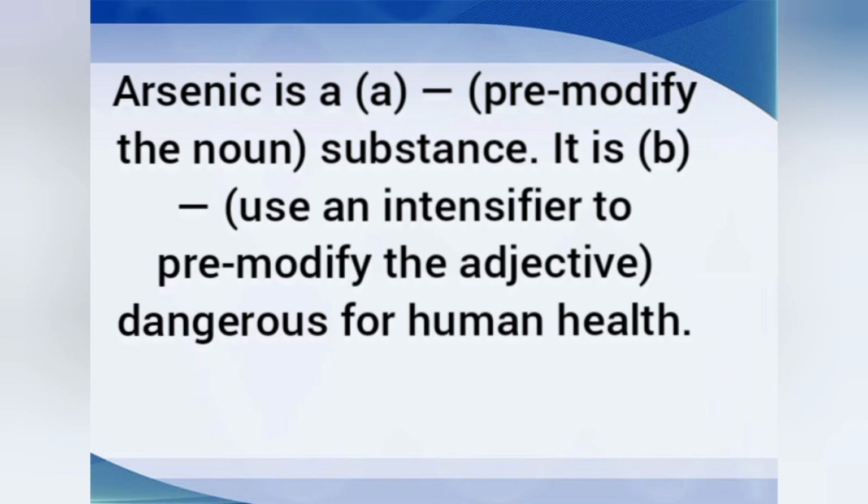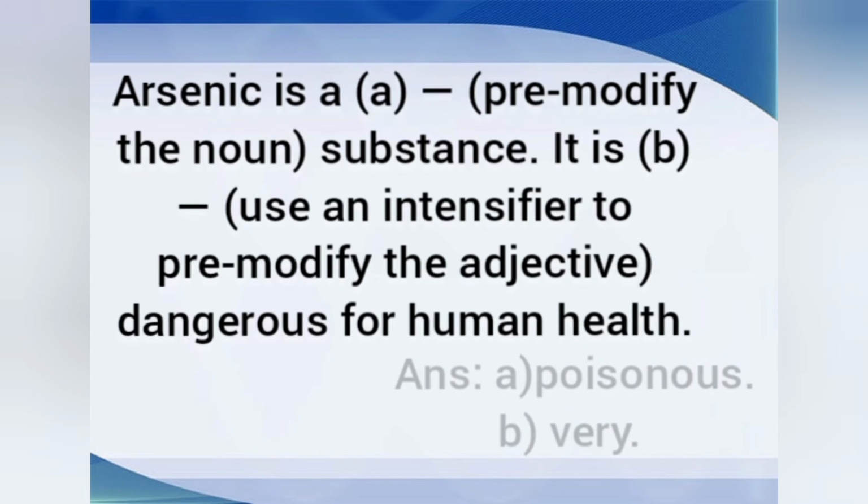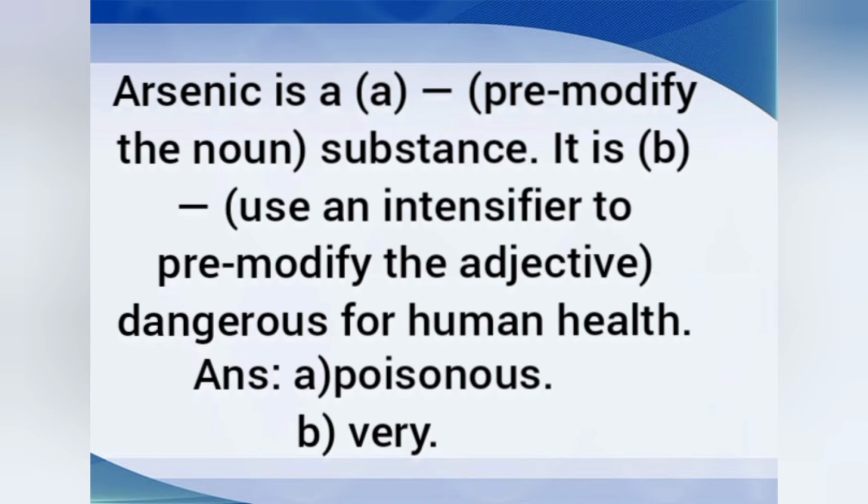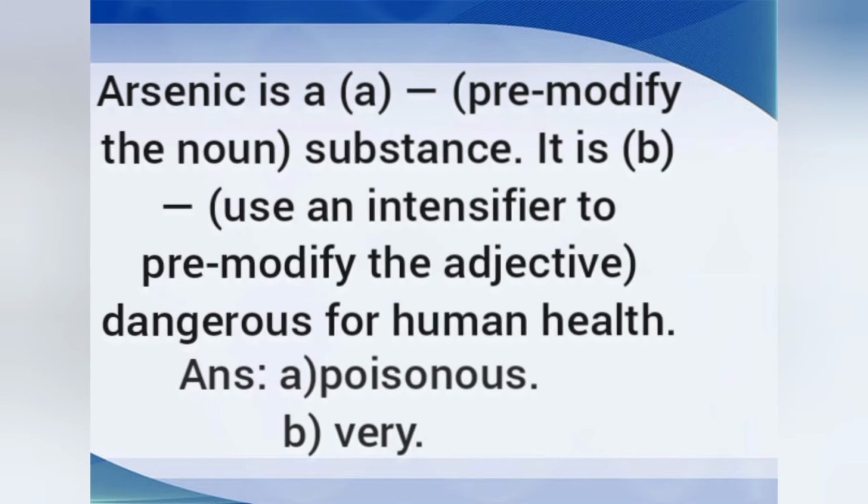And in number B, we have to use an intensifier to pre-modify the adjective. So in number A, we can use poisonous, and in B, we can use very, because intensifiers are very, great, enough, etc.